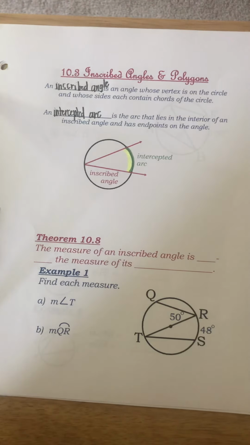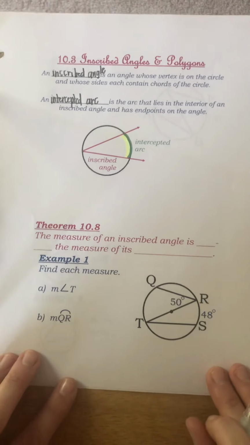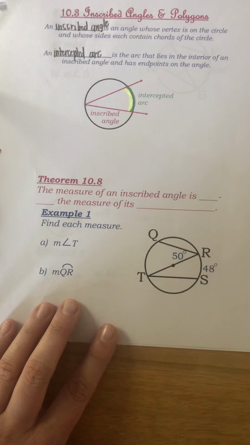So, inscribed angle: the vertex is on the circle. The intercepted arc is the arc that has been intercepted by the inscribed angle. It's being hugged by the inscribed angle, so its endpoints are on the angle. We really need to know those two definitions to be successful in this section. All right, so we have a theorem.